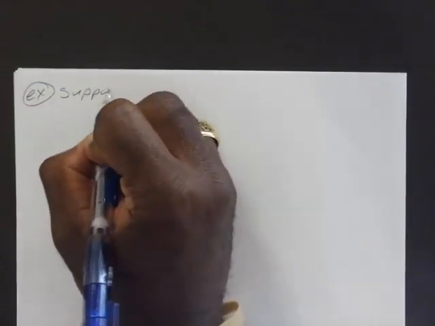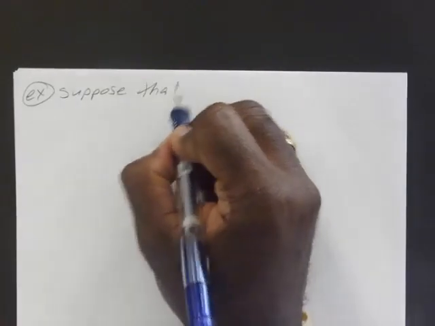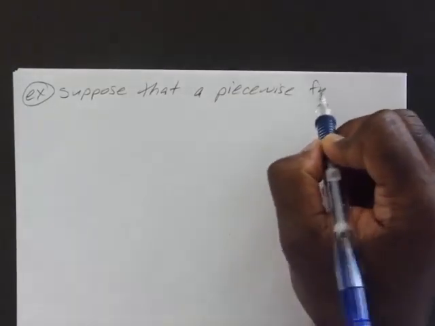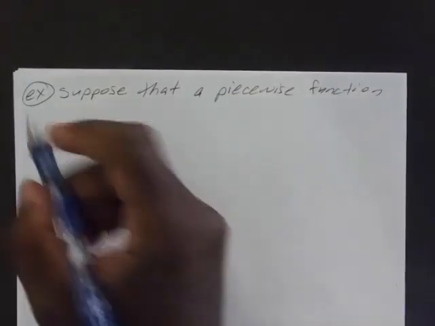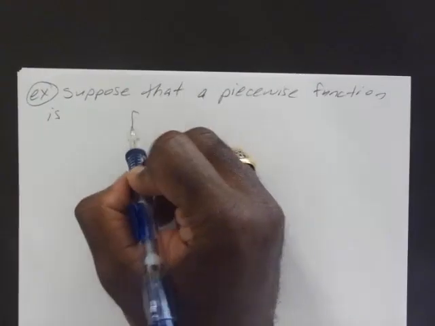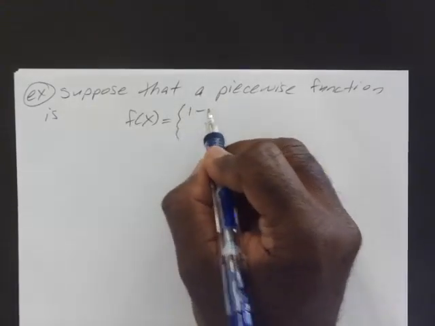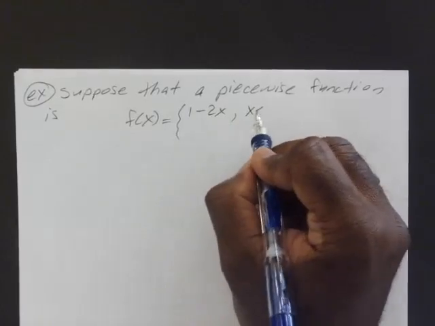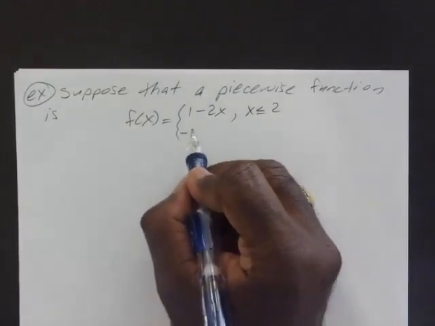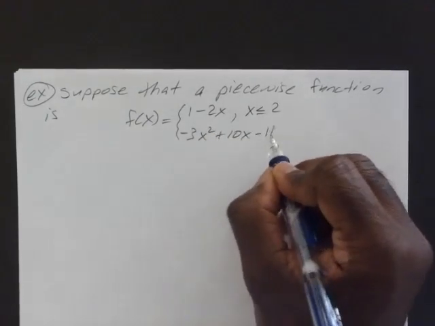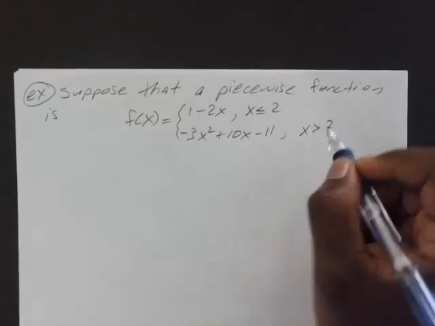Okay. So let's say, for example, suppose that a piecewise function is f of x is equal to 1 minus 2x for x is less than or equal to 2, and negative 3x squared plus 10x minus 11 when x is greater than 2.